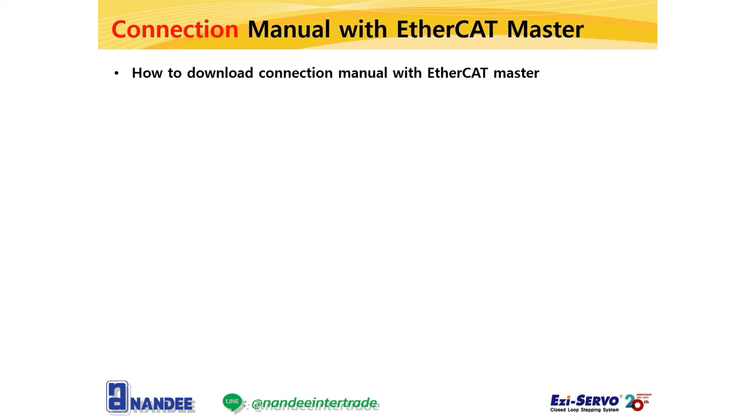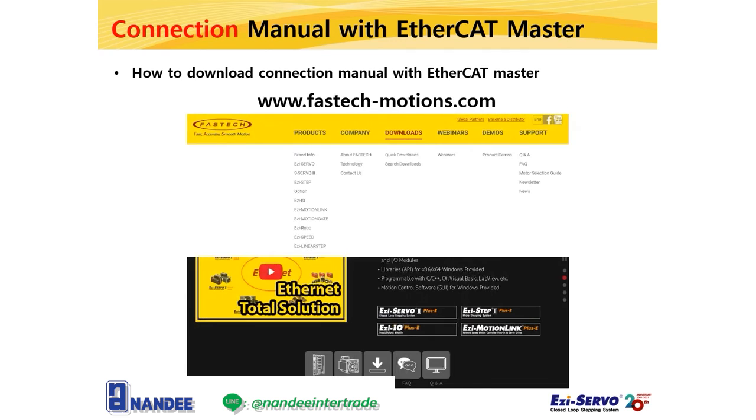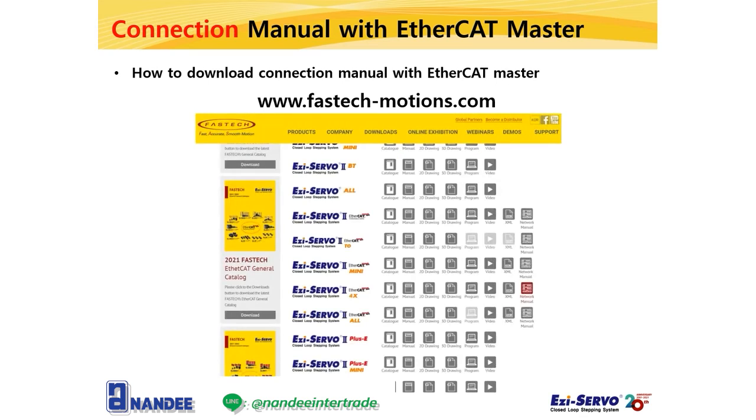And, EtherCAT connection manual with each master can be downloaded from FASTECH website. If you access the following address and place the mouse pointer on the Downloads tab of the homepage, an item called Quick Download appears. Click on the item to display a list of products.